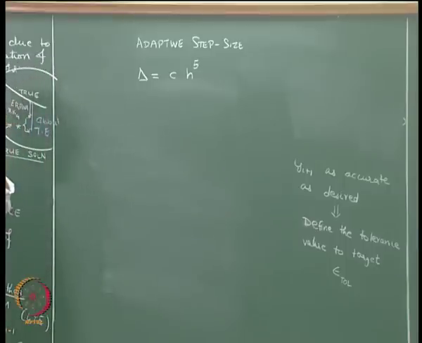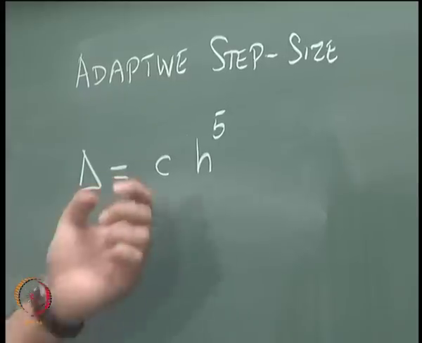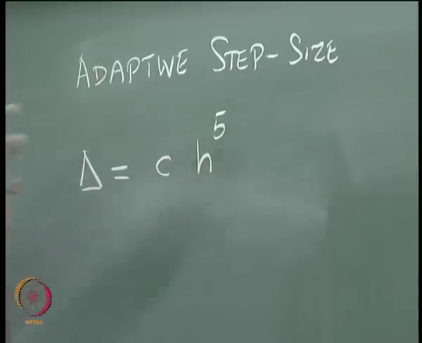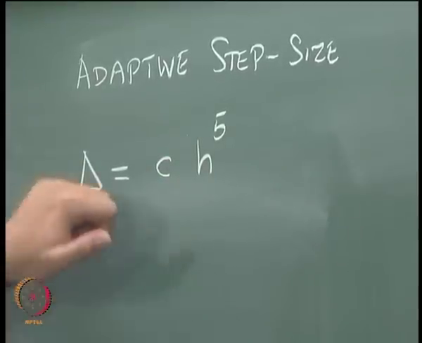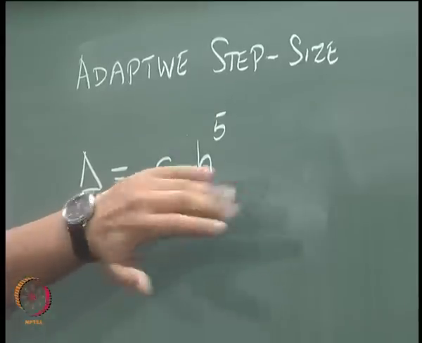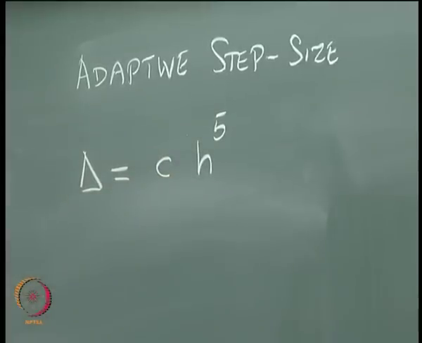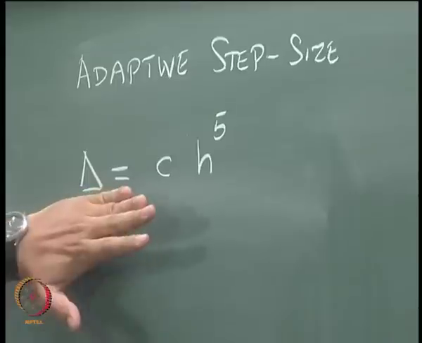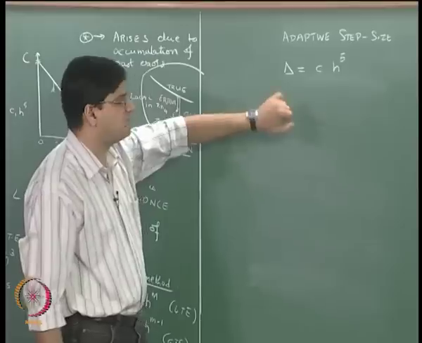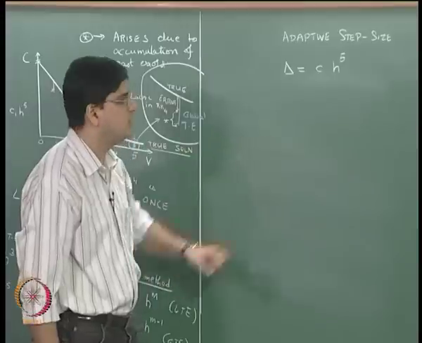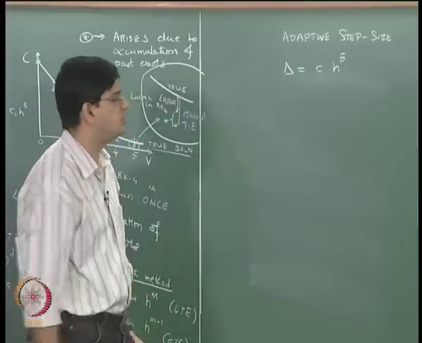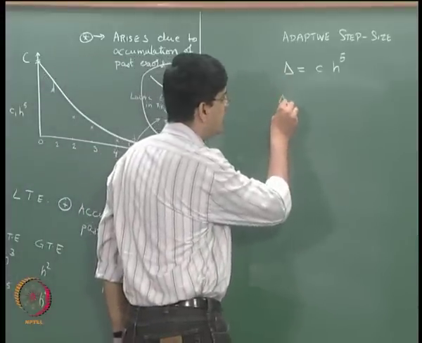So delta is some constant c multiplied by h to the power 5. C could be 15 c1 divided by 16 if you want to write it that way. This is the estimate of the difference delta. Now if h was the step size, this is the delta that we get.